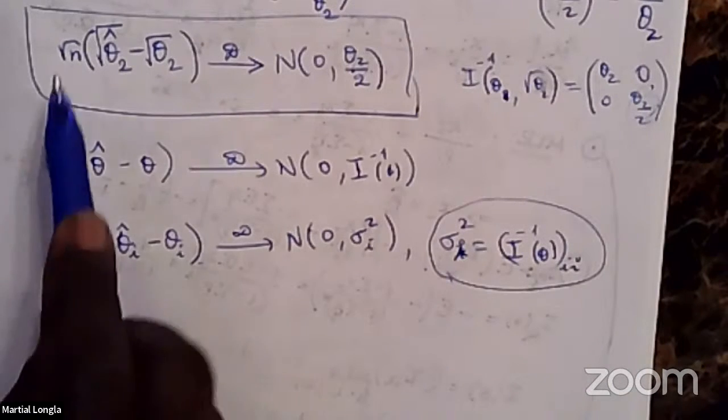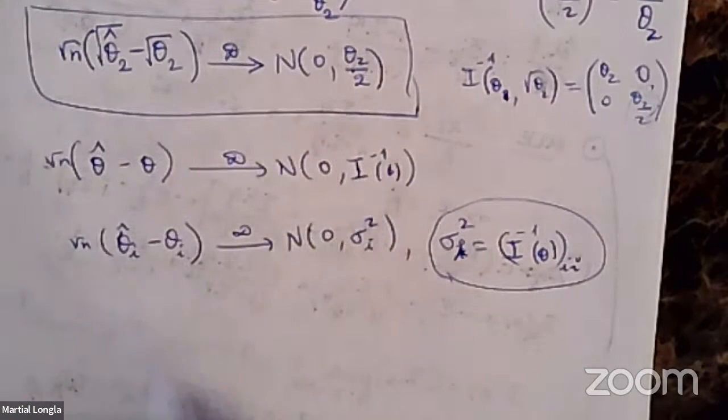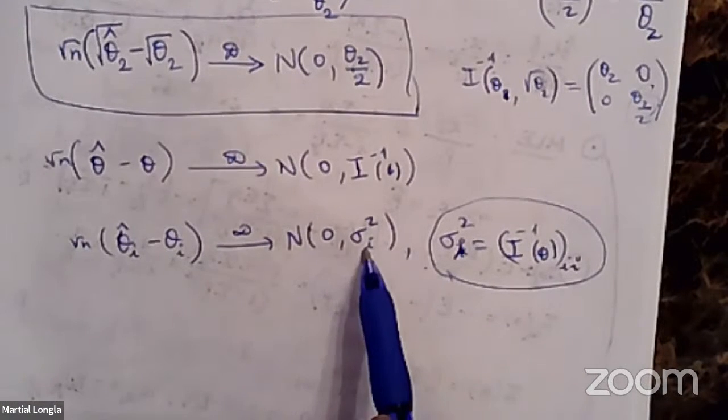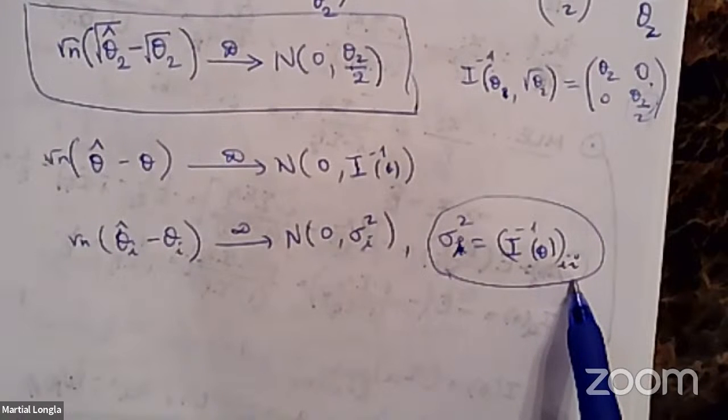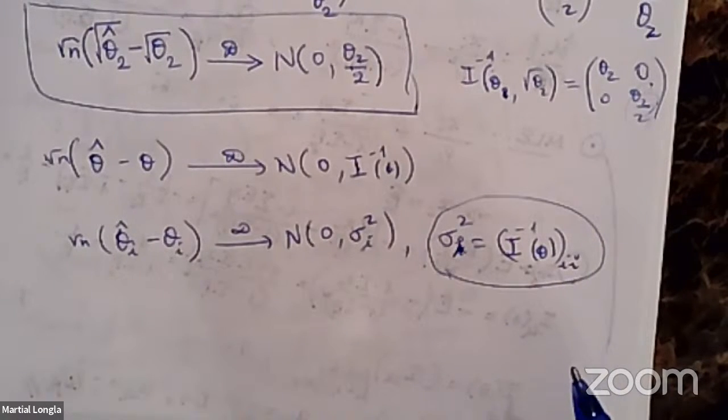So the joint distribution is that, but each of them separately has the normal distribution with variance equal to what stands at the position ii in the matrix. Are we good? All right.